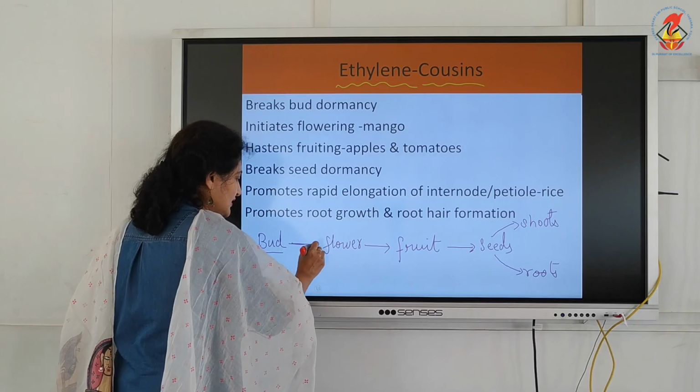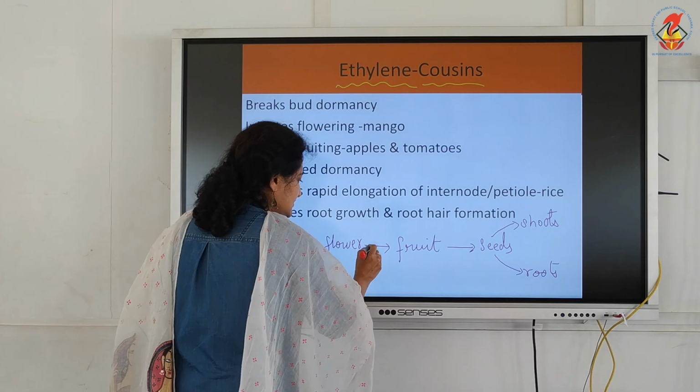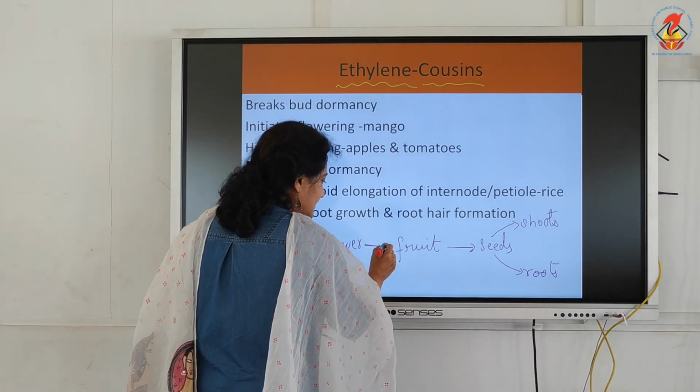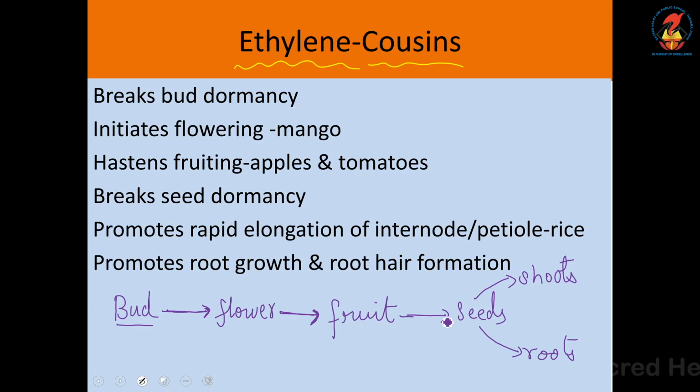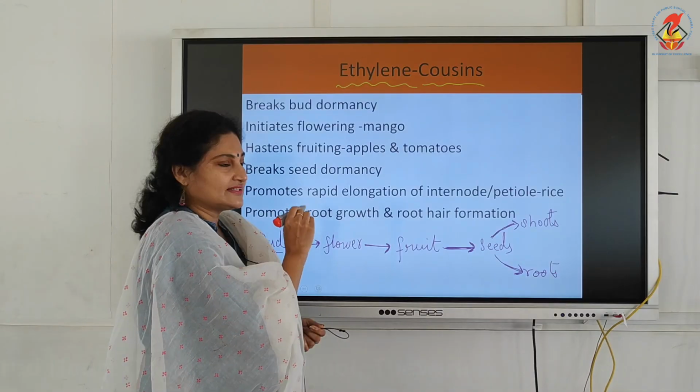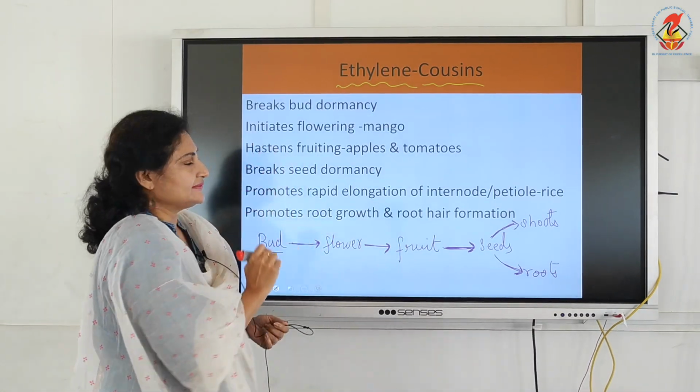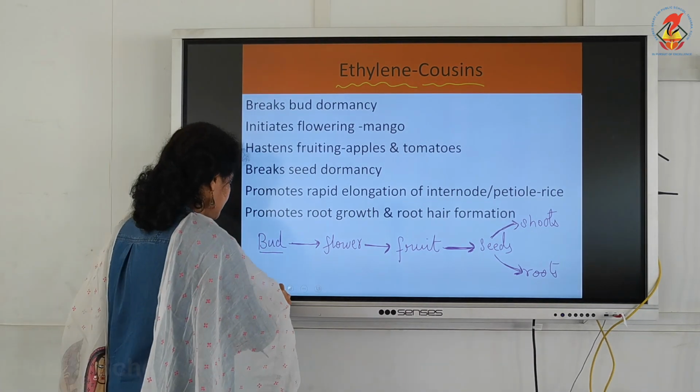From the bud what arises? The flower arises. From the flower, after fertilization, it gives rise to the fruit, and within the fruit there are the seeds, and when the seeds fall off from the plant, they germinate. Root is formed as well as shoot. Now at every aspect, at every level, there is a role of ethylene. So let's start.